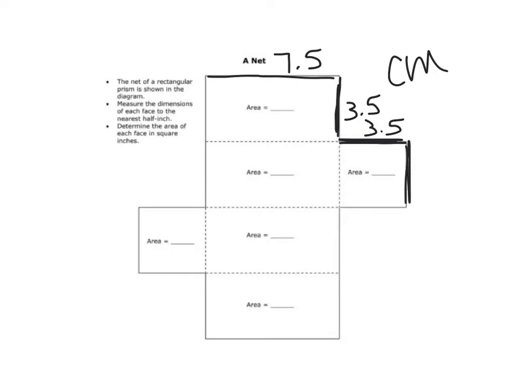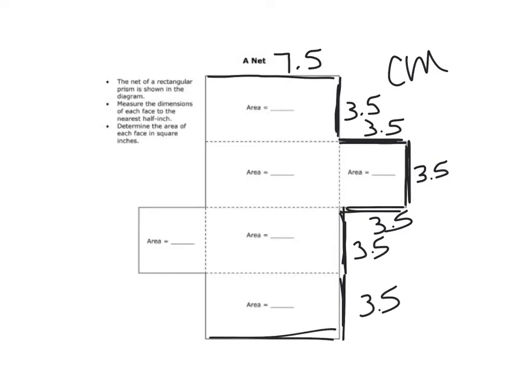How about this one? 3.5. 7.5. So then what do you think this one's going to be? 3.5. So basically, you could kind of tell there's a pattern on the measurements, right?